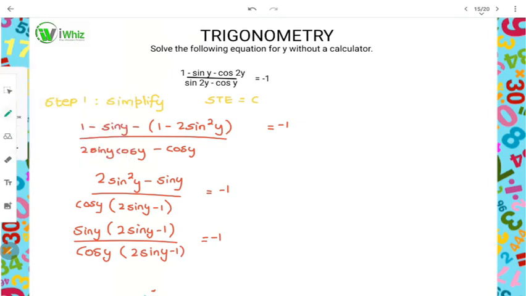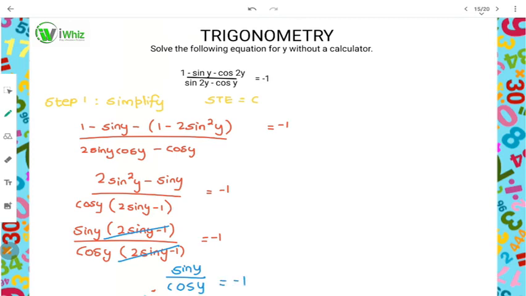What do I notice? I notice that I have a value in the numerator that can cancel with a value in the denominator. What would I be left with? I'm left with sin y all over cos y equal to minus 1.